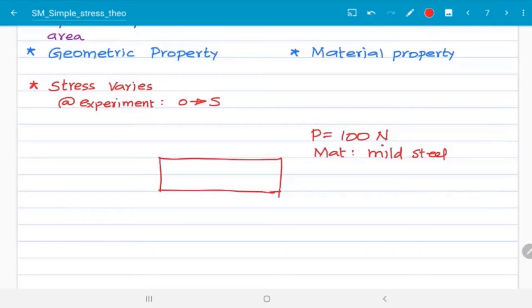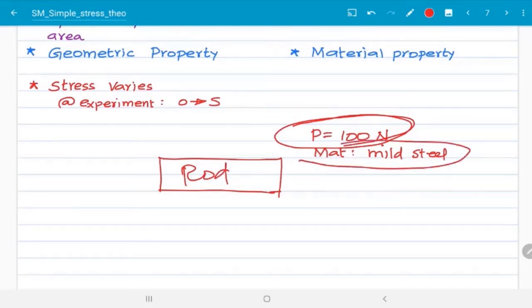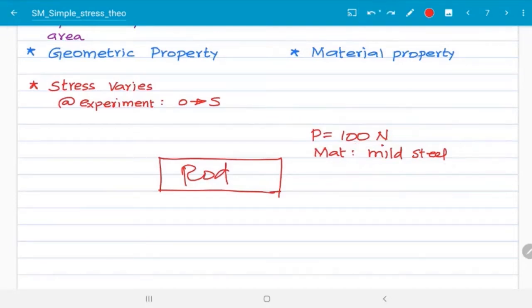So the manager is asking us to design the axial rod in such a way that it has to withstand compulsorily 100 Newton. The material given is mild steel. So what will we do?